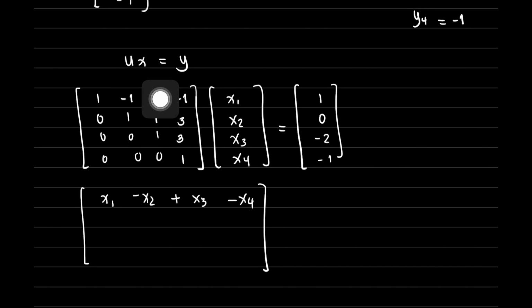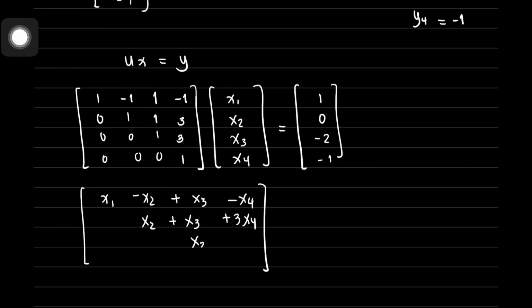The second row with this column, we have x2 plus x3 plus 3x4. The third row with this column, we have x3 plus 3x4.